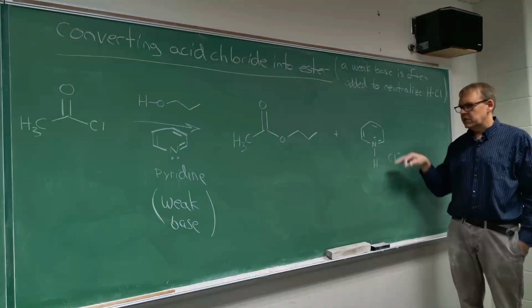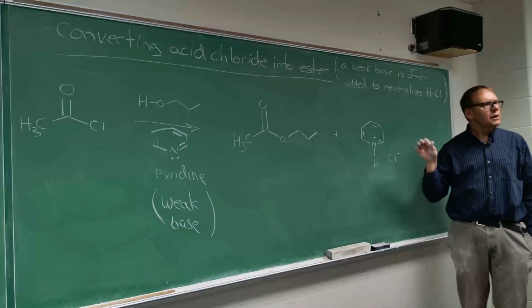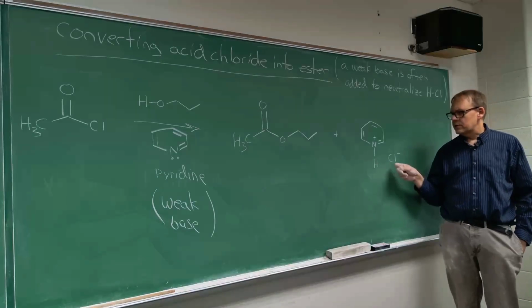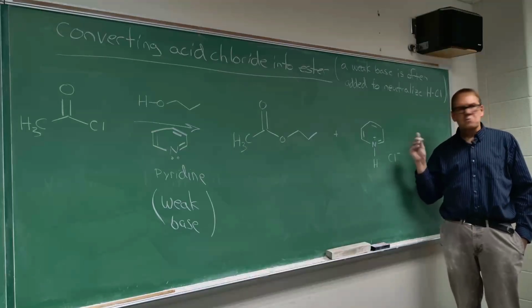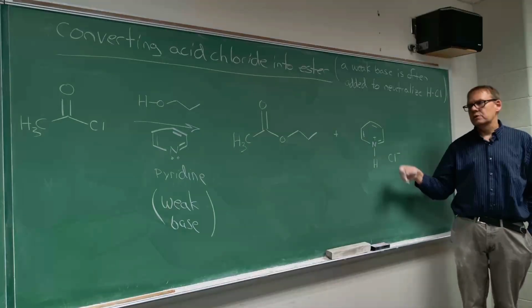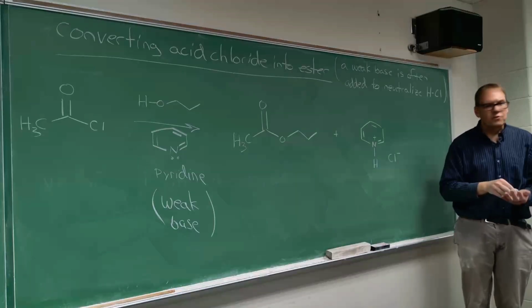It's called pyridinium chloride. But essentially, if you keep track of what happened, HCl is here, but it's not in its HCl form. There's an H there and a Cl there. So this is not a real strong acid. Like HCl by itself, very strong acid. This molecule, not nearly as acidic, so much milder. So this is a way of avoiding really strong acid conditions forming.